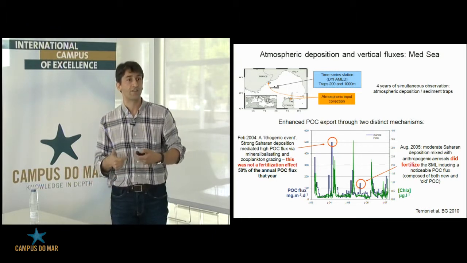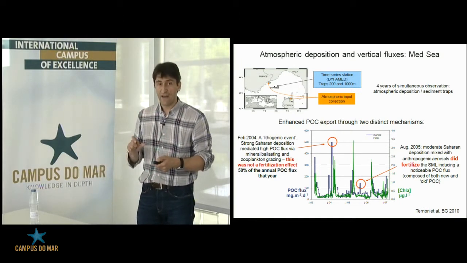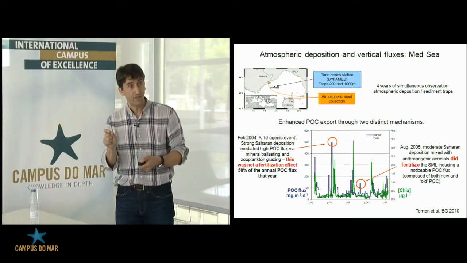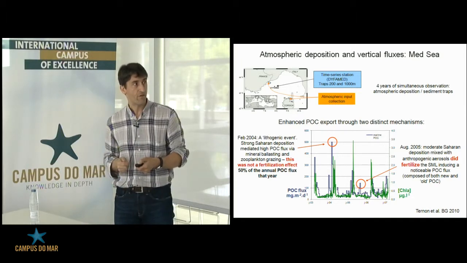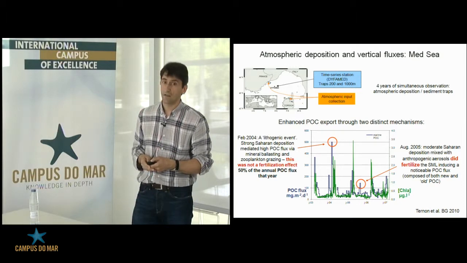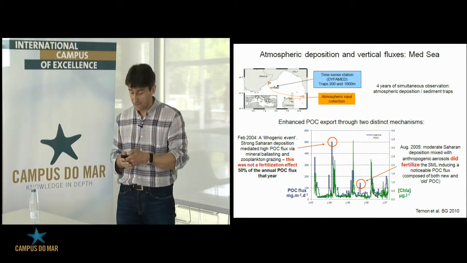So it's not necessarily a fertilization effect. It's more an effect of an enhancement of vertical velocities due to aggregation induced by the input of mineral particles, together also with the effect of grazing of mineral particles and the compaction and the increase in the density of the fecal pellet, so what we call the ballast effect.